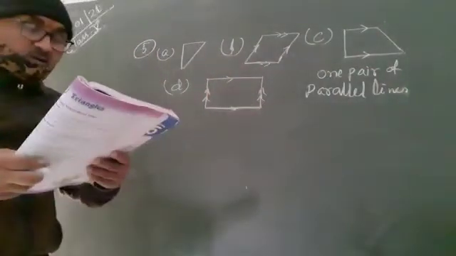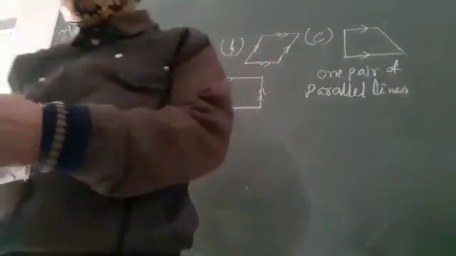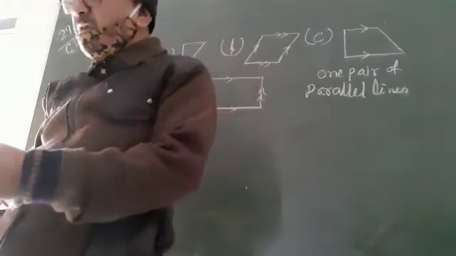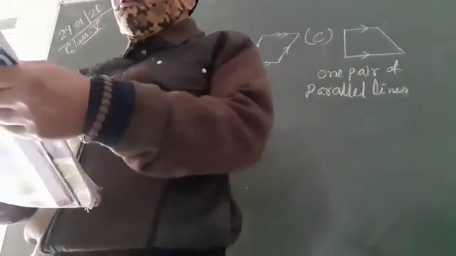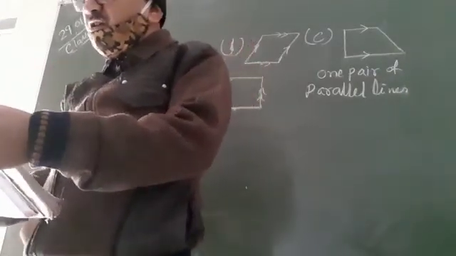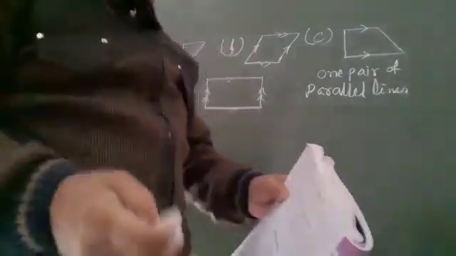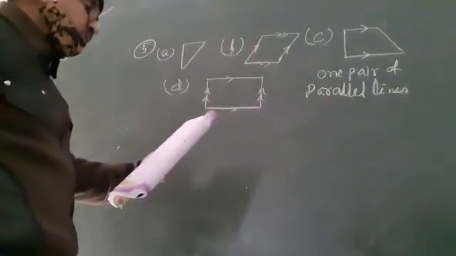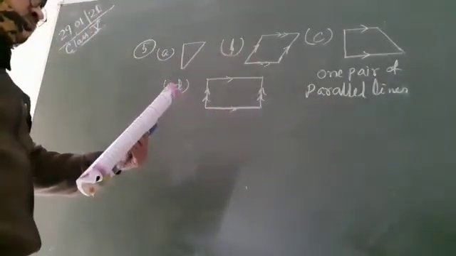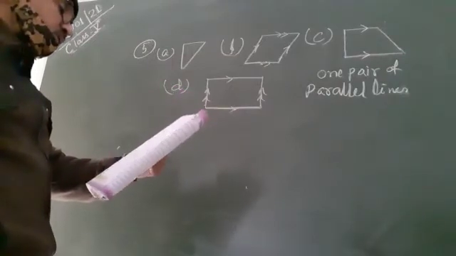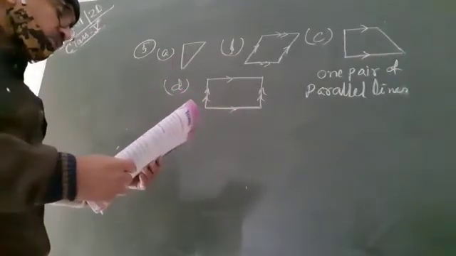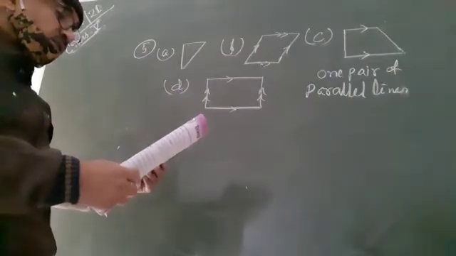Now, in another question, how many pairs of parallel sides can you see in the figure shown here? Now, how many pairs of parallel lines are there in a rectangle?